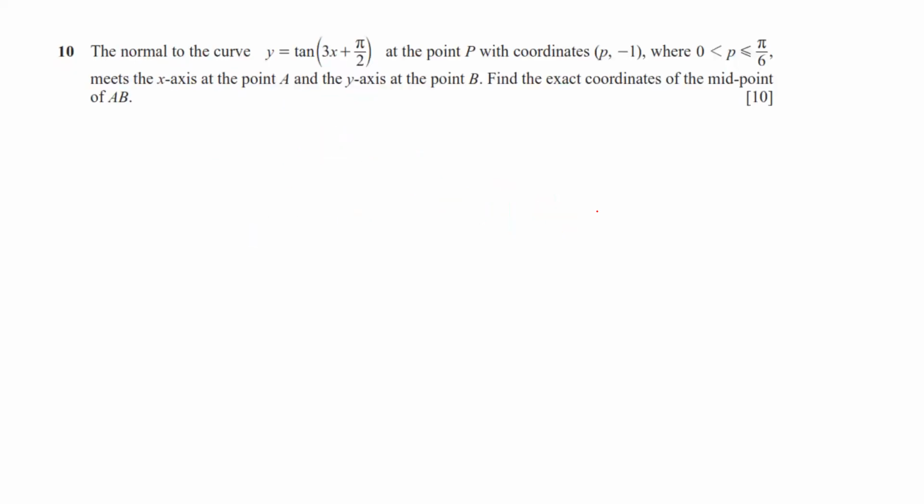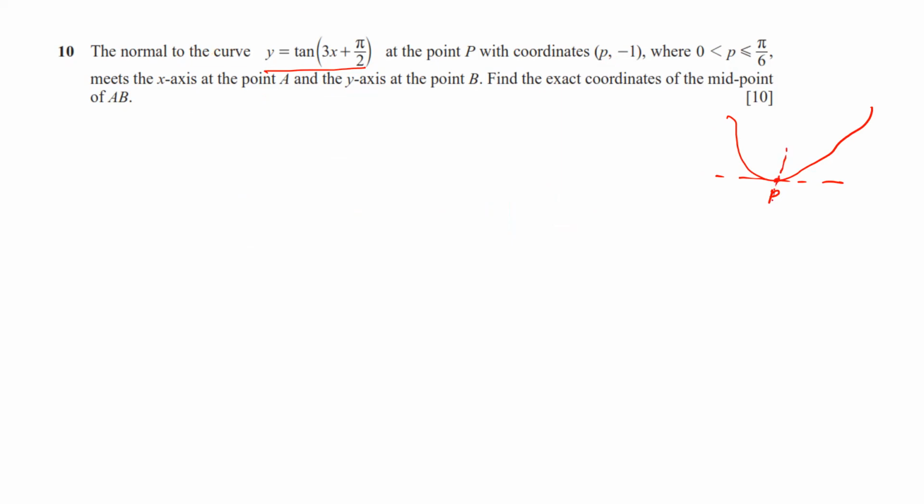Okay, so moving ahead, the last part of this question, question number 10. It says the normal to the curve. So we are given a curve. Say, for example, this is a curve, this is the point P, and the normal to the curve.